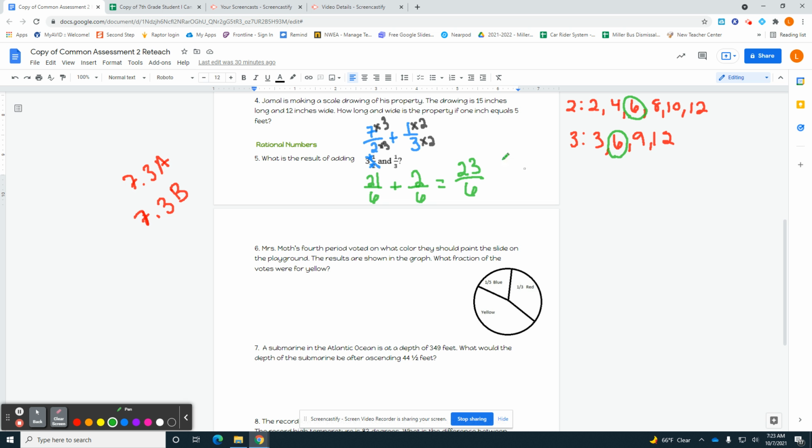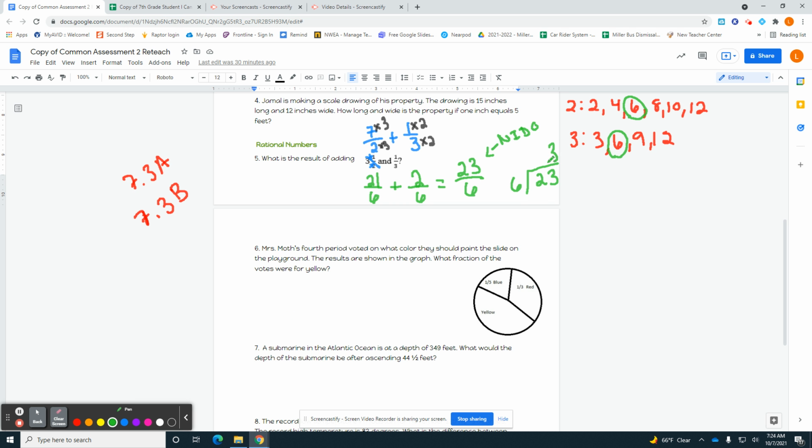So to turn this into a mixed number, I'm going to do NIDO. That's numerator in, denominator out. So can 6 go into 2? No. Can 23 be divided by 6? Yes. How many times? If you said 4, yes, 6 times 4 is 24, but remember you want it to be under 23. So it cannot be 4.